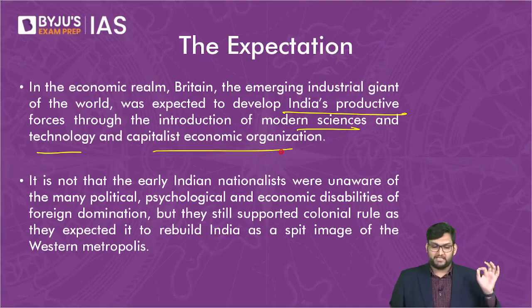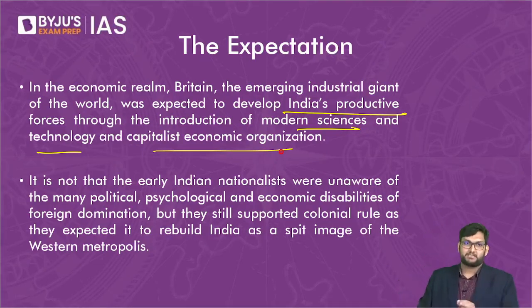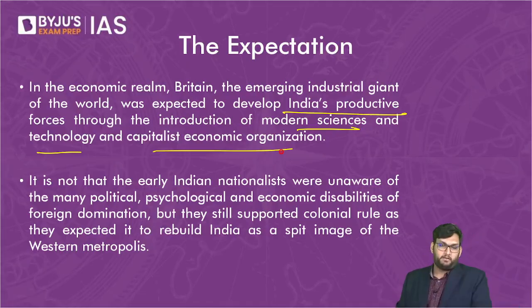The early Indian nationalists were, though aware of the political, psychological, and economic disabilities of foreign domination, still supportive of colonial rule because they thought that somehow India will develop. The simple point is they still believed that the British were going to do something.